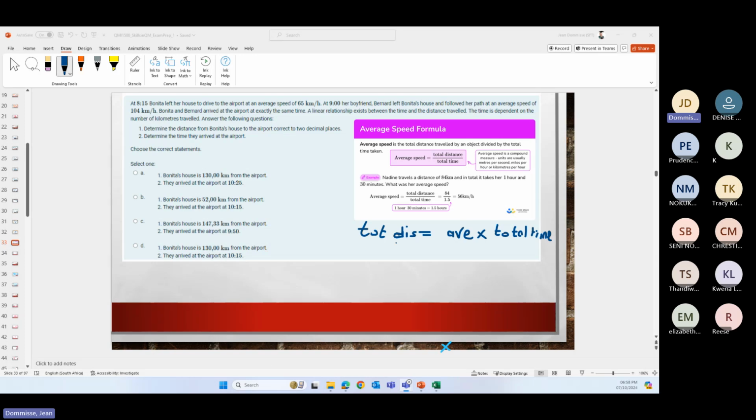So total distance, average times total time. So what I said is, okay, let's look at this total distance from where Bonita is driving. She's doing it at the average speed, and it takes her X time to do it. Then let's do the same for Bernard.